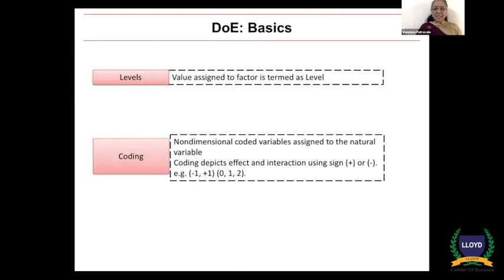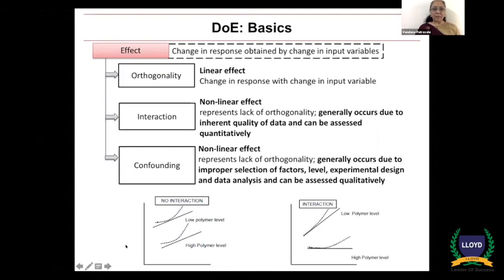So 5 in this case becomes a lower level, 10 becomes a medium level, and 20 becomes a higher level. So 5, 10, 20 is termed as level. Now these levels, because computers should understand, are changed to coding. So you are coding it as +1, 0, -1, or 0, 1, 2. So these are coded. Levels are coded.